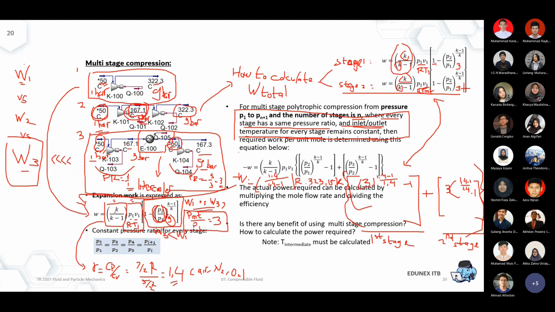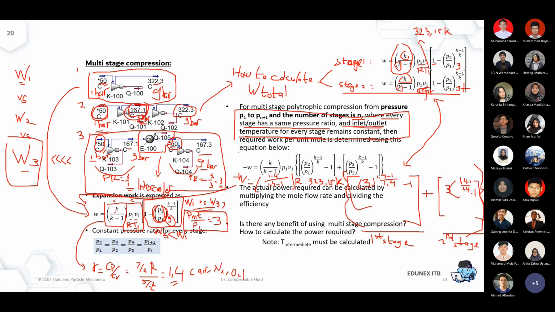On the P1 V1. Okay, good. So you can see in this number, T1 is actually, what's the number here? 50 degrees C. Okay, that's 323.15 Kelvin.